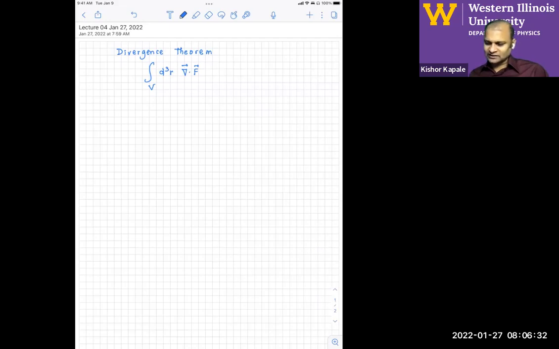There's dS, which is a surface element. It has some magnitude, let's say dS, and the direction is n hat, which is normal to the surface. So at this point, for example, the normal would be over there if the volume of interest is this one. The normal vector always points away from the volume. That's the convention we follow in ENM all the time. So make sure you understand that.